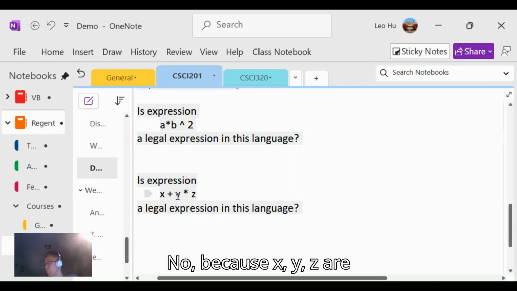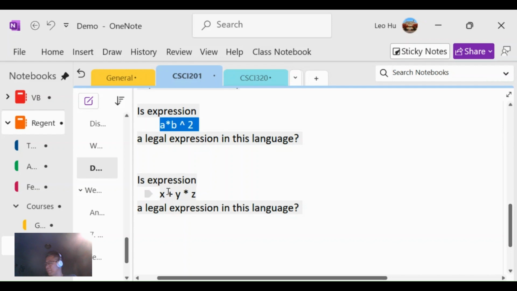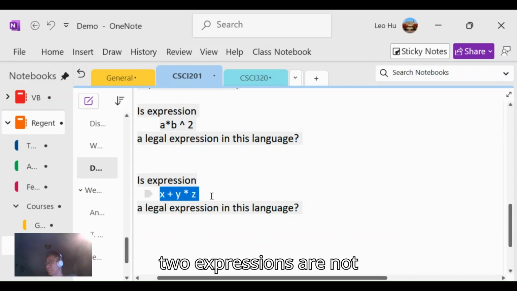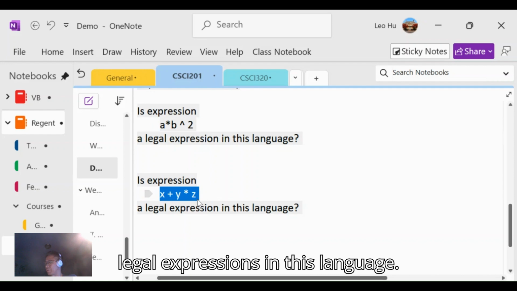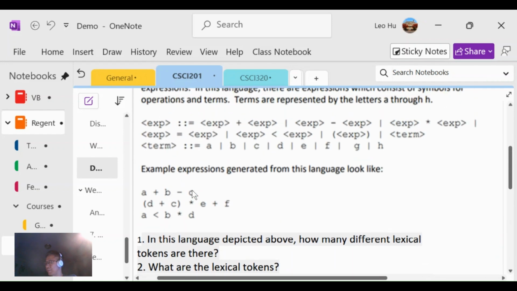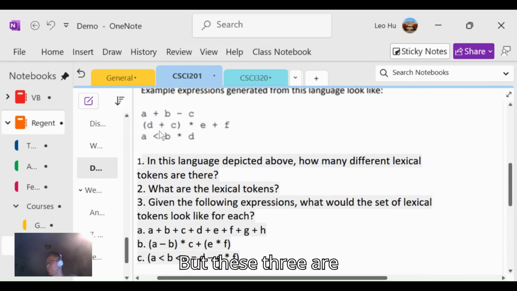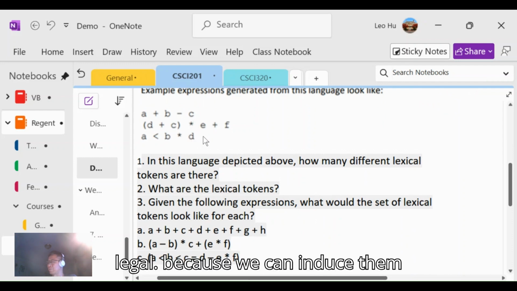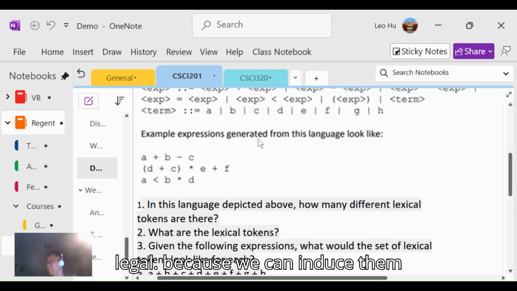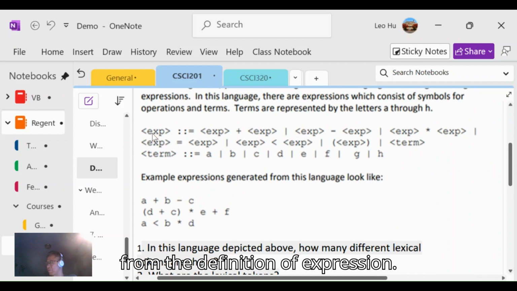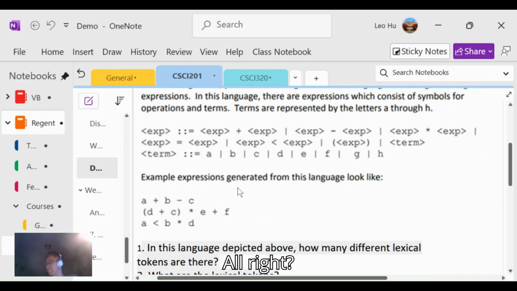No, because x, y, z are not defined in the language. They are not legal terms in the language. So both of these two expressions are not legal expressions in this language. But these three are legal because we can induce them from the definition of expression. All right.